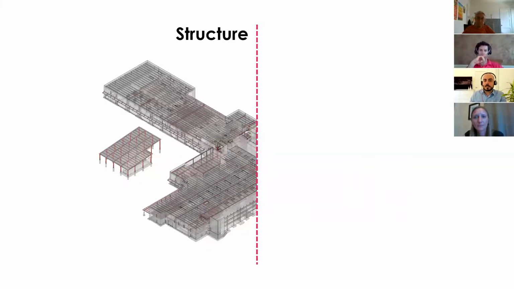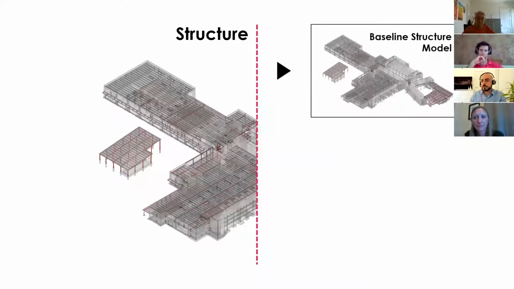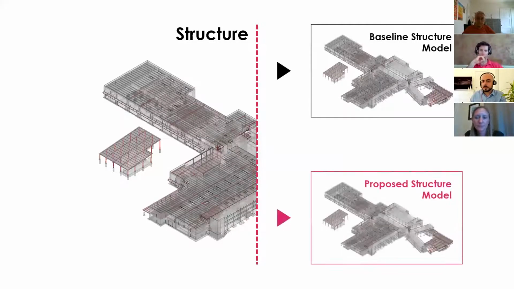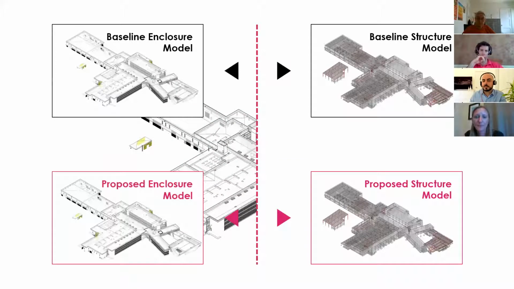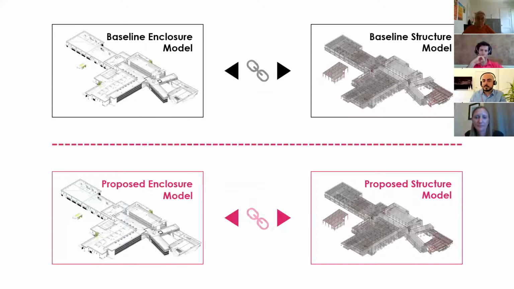So between enclosure and structure, we would have a baseline and a proposed model, and we would do the same to enclosure, baseline and proposed, and then eventually link the two baseline models to create our LEED baseline, or basically a whole building LCA baseline, and LEED proposed models.